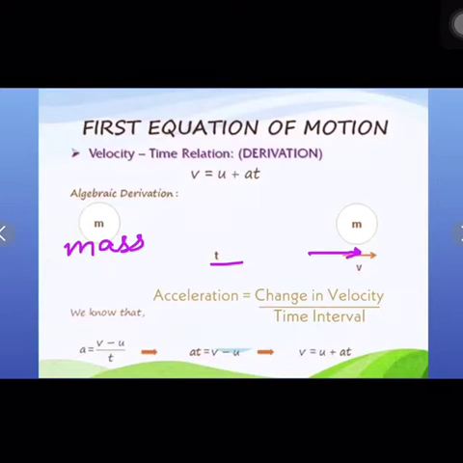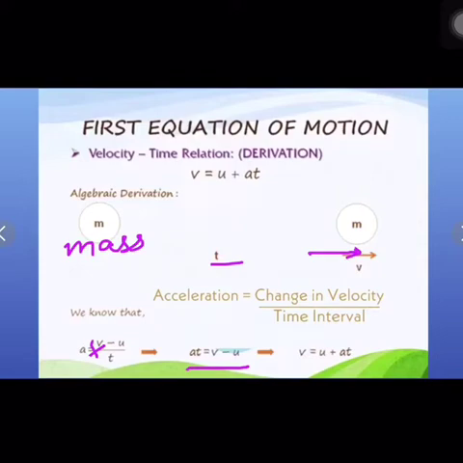We have already studied acceleration, and we know that acceleration is change in velocity upon time, which is also written as a = (v − u)/t, where v is the final velocity and u is the initial velocity. Now cross multiply here. After cross multiplying, you will get the equation at = v − u.